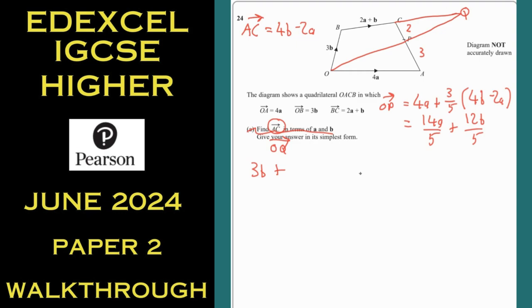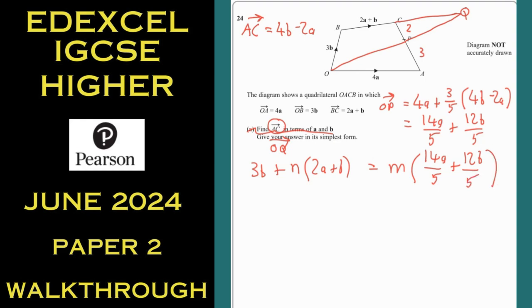Don't know what that line is, let's just call it a number. So O to Q is 3B plus a multiple of 2A plus B. And that's going to equal some multiple of OP. All this nonsense. That's what's going on, everyone.